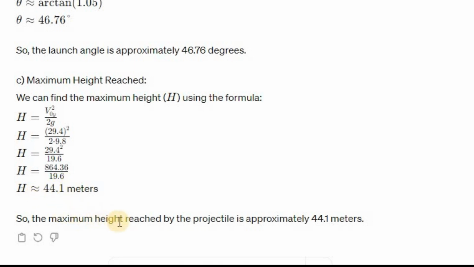So the maximum height reached by the projectile is approximately 44.1 meters.